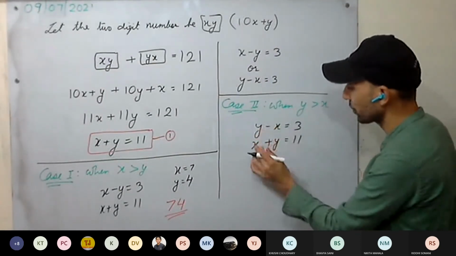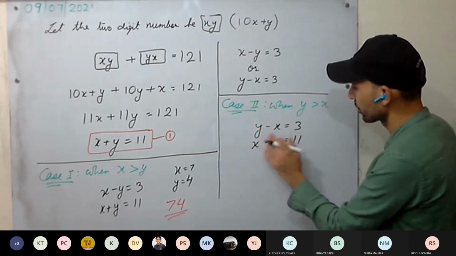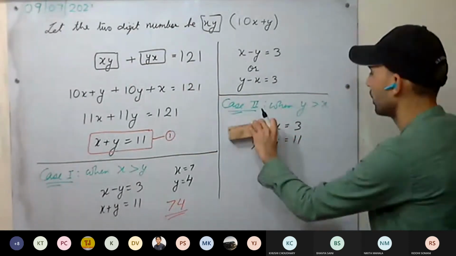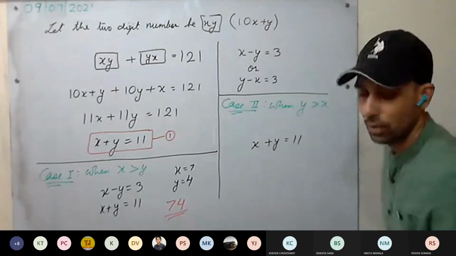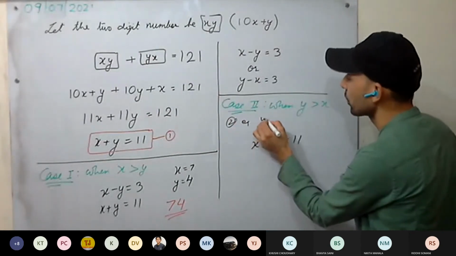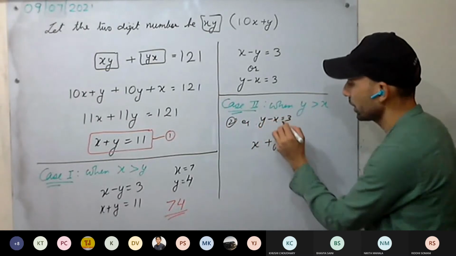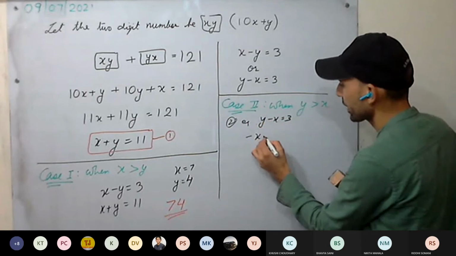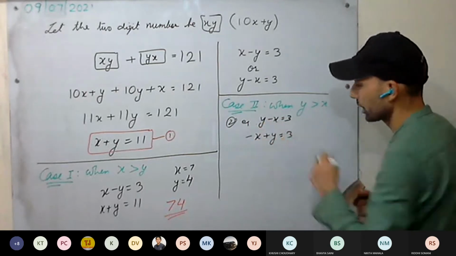First we rewrite the first equation. The second equation will be y minus x equal to 3, or we can write it as minus x plus y equal to 3.